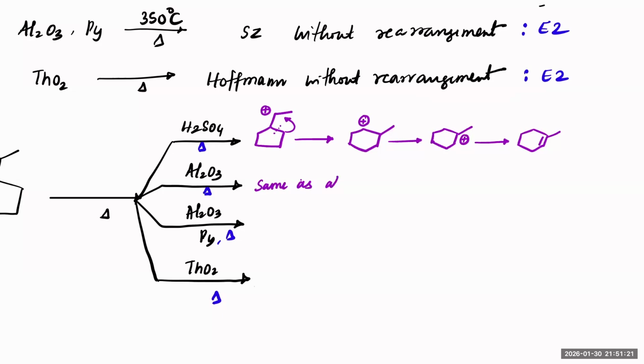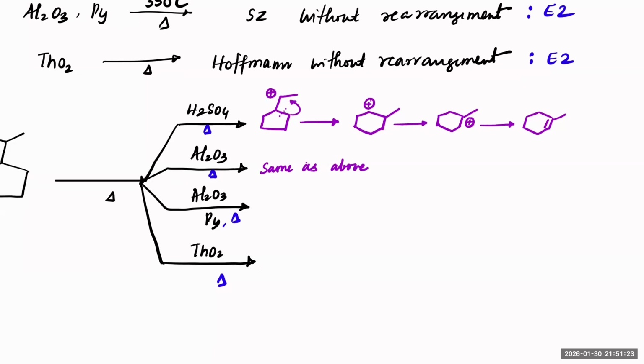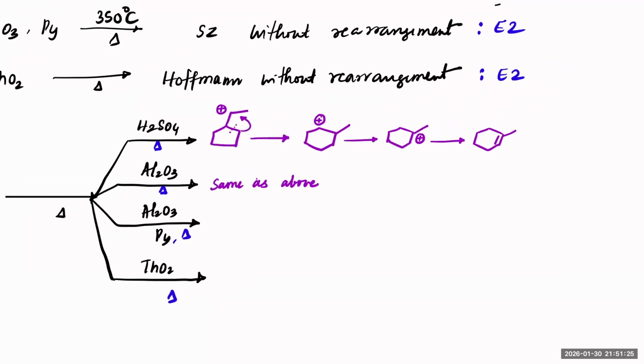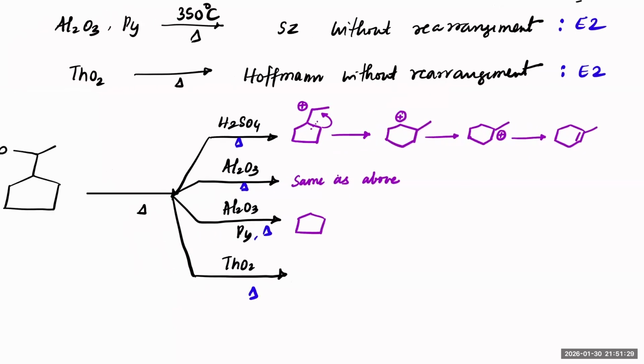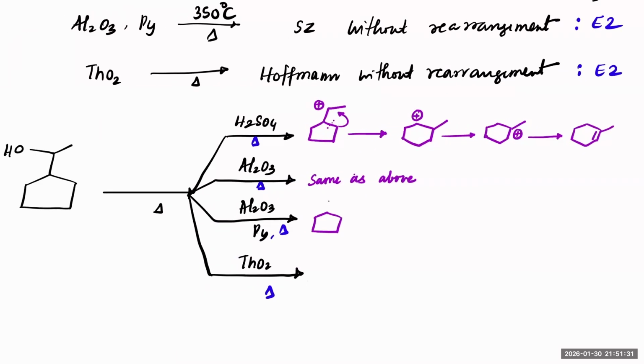But if you take Al2O3 with pyridine, in the case of pyridine, what happens? Now you don't have to make a carbocation, directly elimination, but Hofmann kind, Saytzeff kind. So you'll have this one as well as this one. But out of these two, this is Saytzeff, this is Hofmann. And you know that Saytzeff is major in this case. Okay.